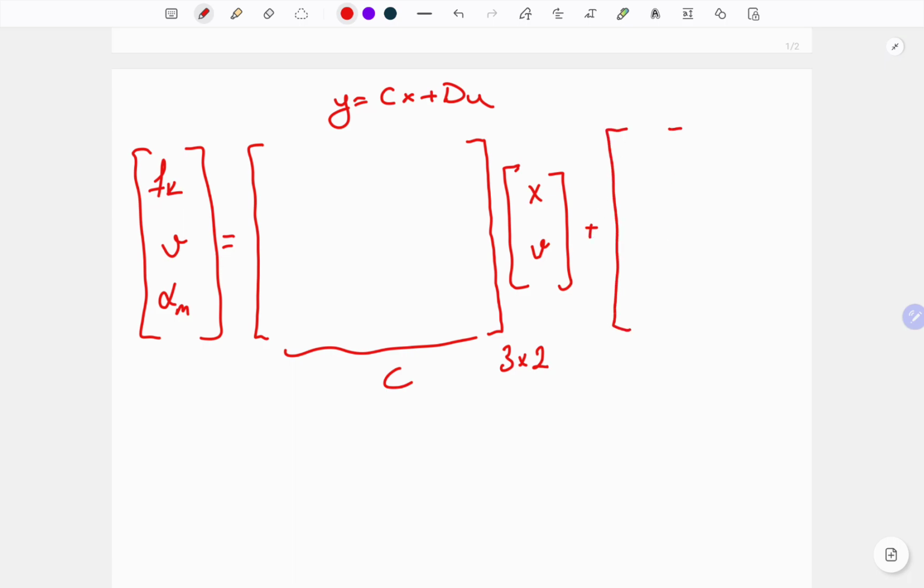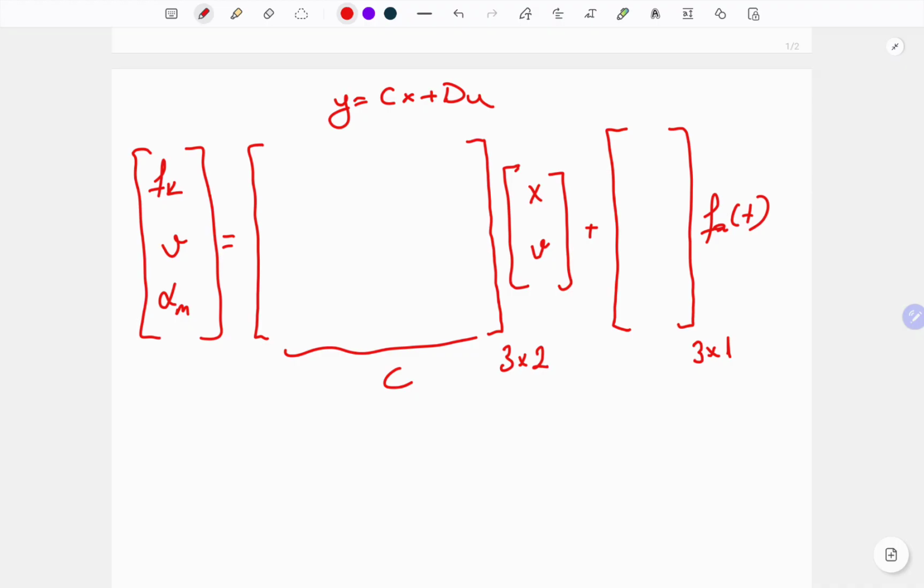Then matrix D will have the output number of rows and the input number of columns, Fa. So similarly, we can write C and D.